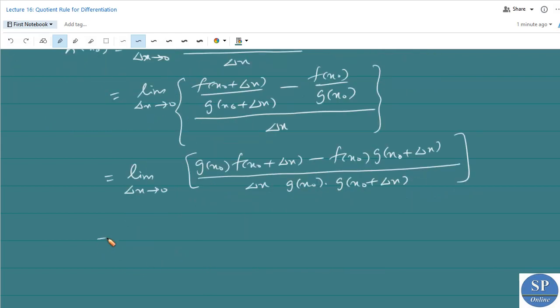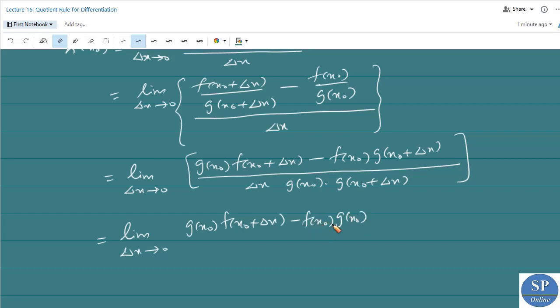Now this is equal to limit delta x approaches 0 of g of x naught into f of x naught plus delta x, minus f of x naught into g of x naught.